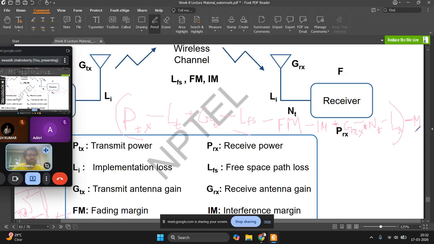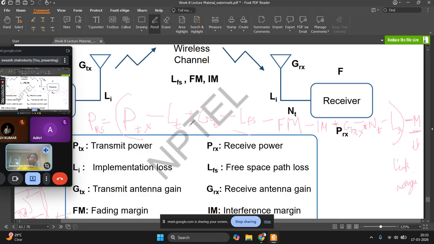right? So the link margin say is M. M is the link margin. So this power, the effective power that you are receiving, should be something greater than N. So that thing minus N is basically your receiver sensitivity, right?